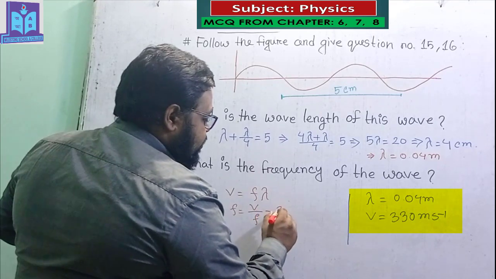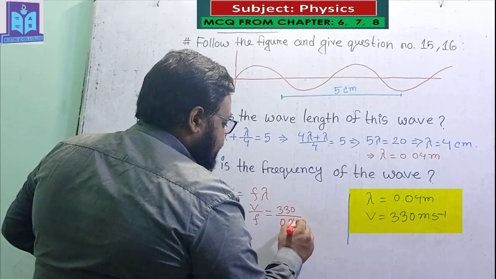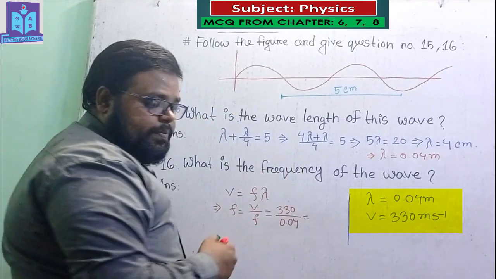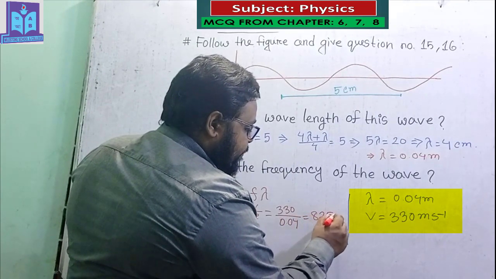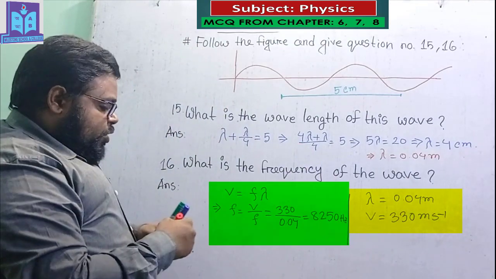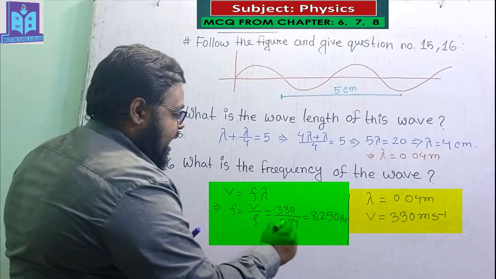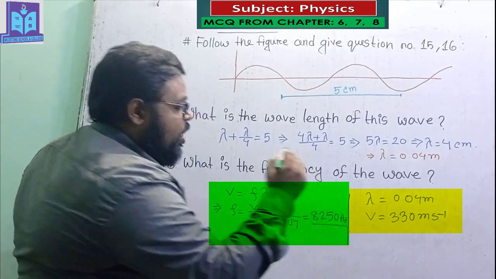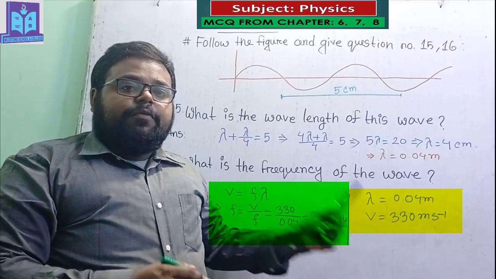So 330 divided by 0.04, the answer will be 8250 hertz. So I hope you can understand how we can find the frequency of a sound from the given value of wavelength and the velocity.